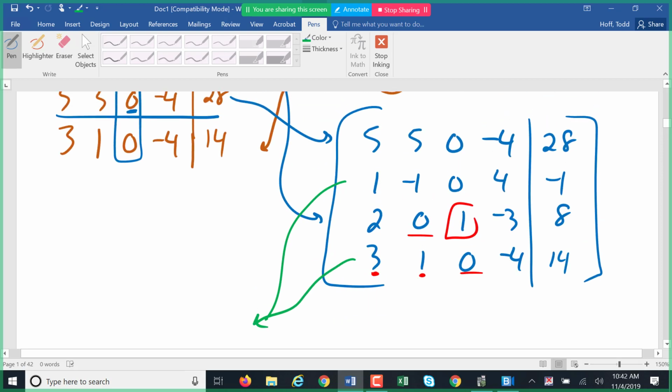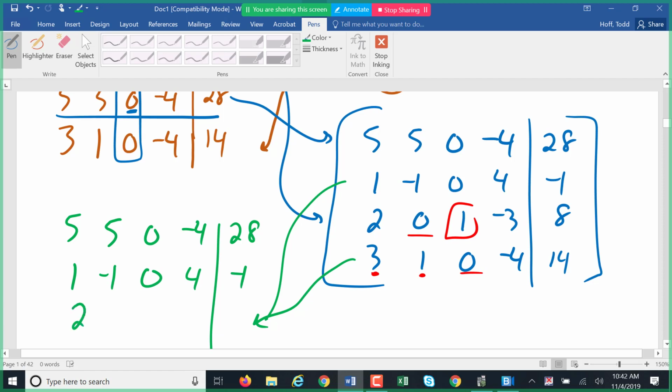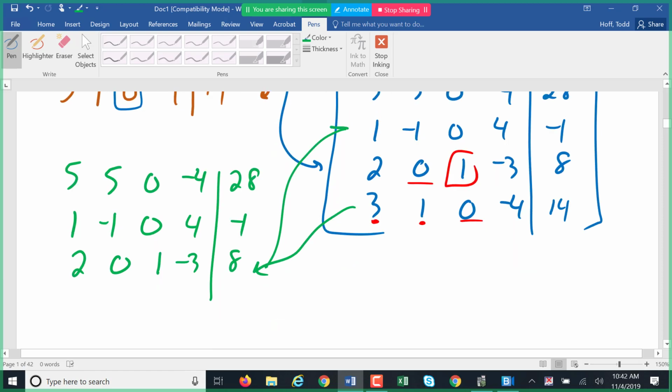So the top row is still 5, 5, 0, negative 4, 28. My second row doesn't change. I'm using the second row, but I'm not replacing it. Third row doesn't change. My bottom row now becomes the combination of the second and the bottom row. 1 plus 3 is 4.